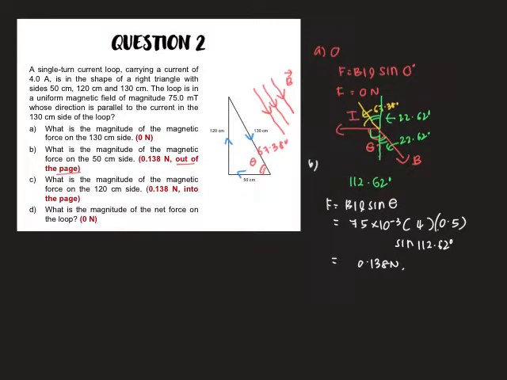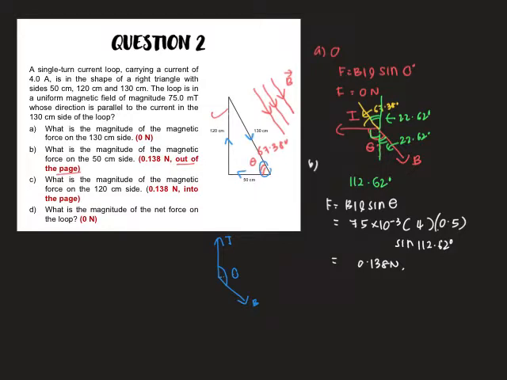What is the magnitude of the magnetic force on the 120 centimeter side, which is this one? First thing first, we are going to draw it. This is your current and this is your B. This is the angle that you need to find, and we already found for this part it is 67.38.